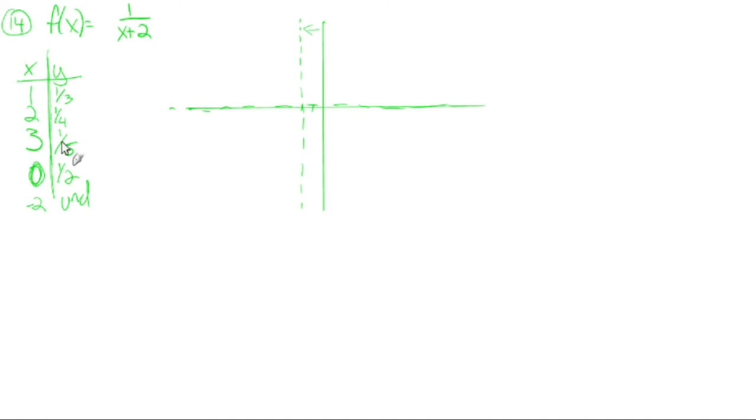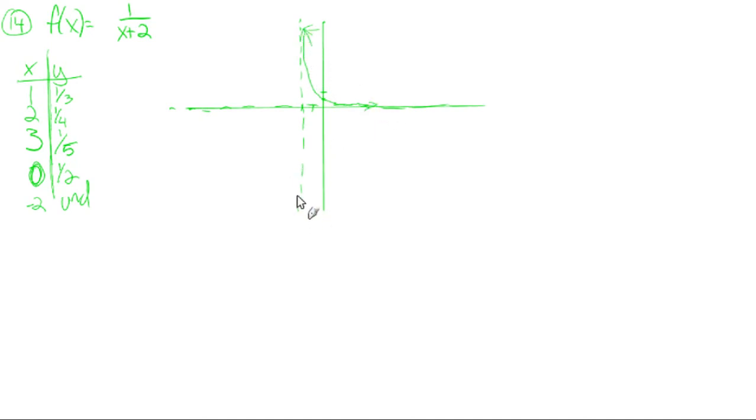So let's plot all these points. 0 and 1/2, 1 and 1/3, 2 and 1/4, 3 and 1/5. They just keep getting closer and closer to 0, and we'll continue to do that forever. So let's connect all these points without it looking too terrible.